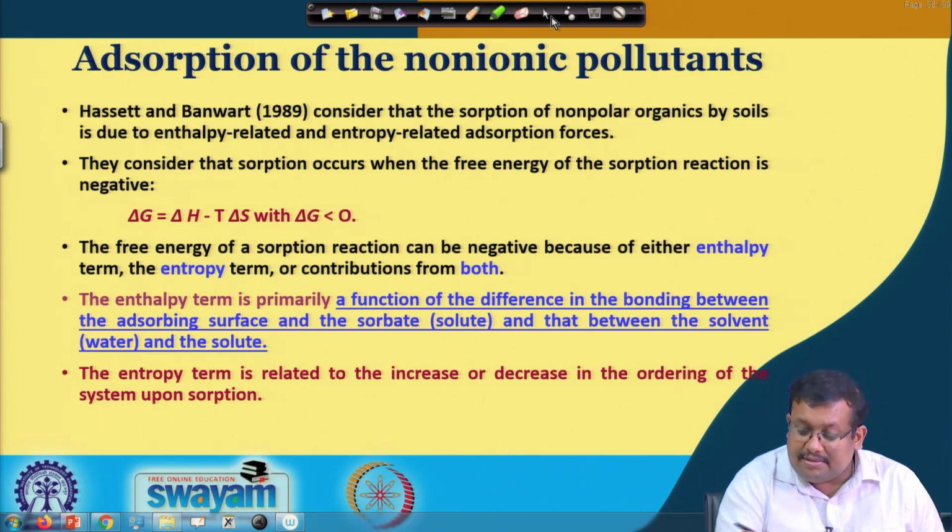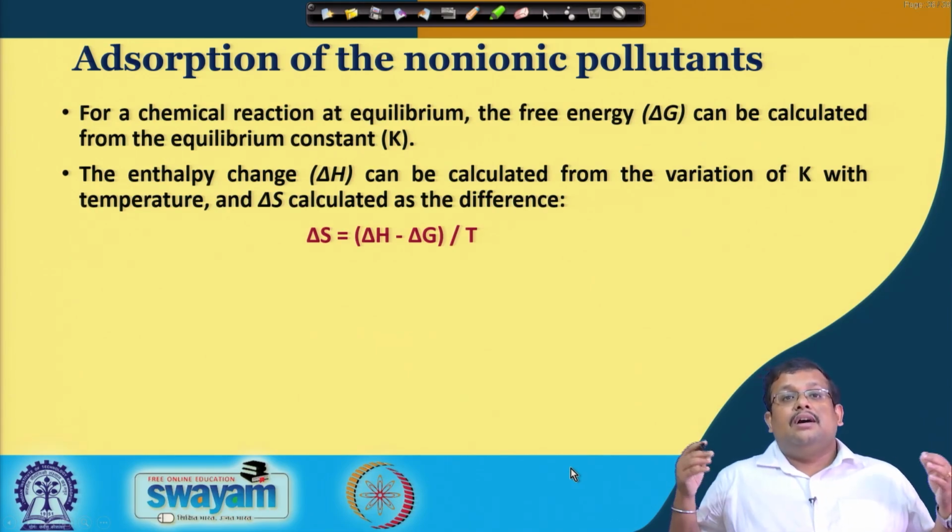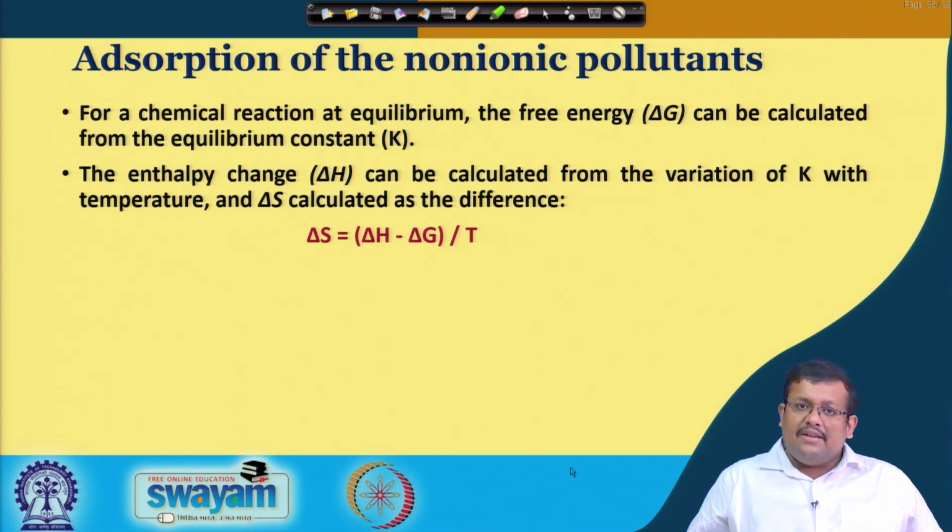For a chemical reaction at equilibrium, the free energy, again denoted by delta G, can be calculated from the equilibrium constant K. We have already discussed the equilibrium constant, the thermodynamic equilibrium constant, in our previous lecture.